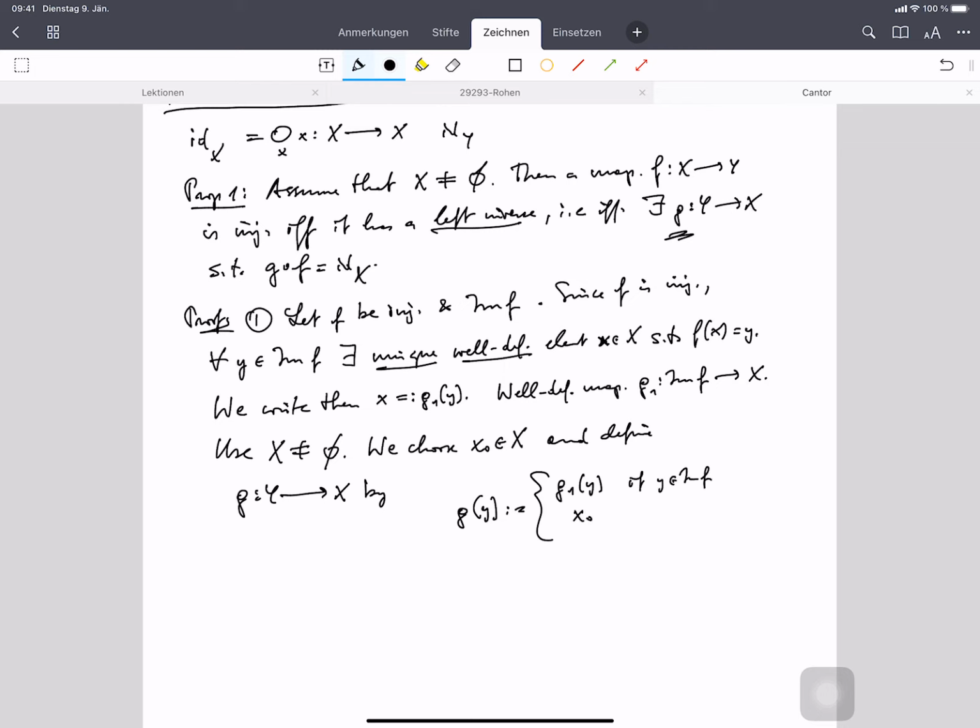By definition, one has then g of f of x equal x for every x in X, and this means g composed with f is identity on X.